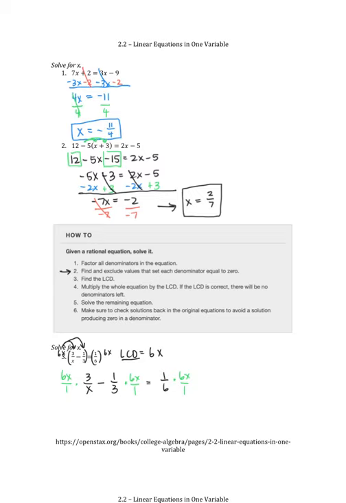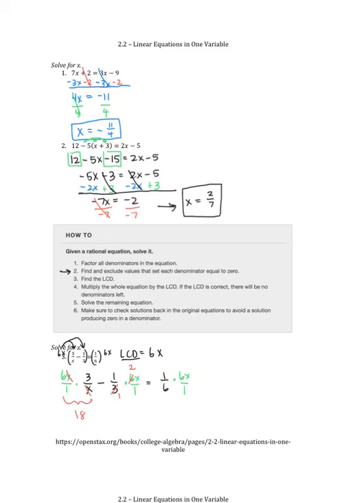So if I look at the first term, 6x and x, the x's cancel out. And so I will be left with 6 times 3. So this first part gives me 18. In the second part, I have a 3 in the denominator and a 6x in the numerator. So the 3 will become a 1, the 6 becomes a 2, because those are both divisible by 3.